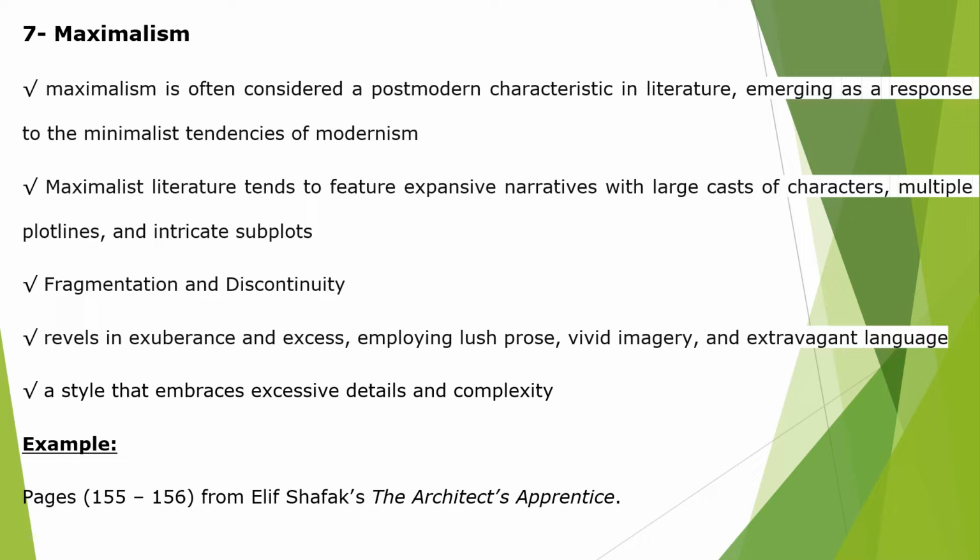It includes fragmentation and discontinuity, and revels in exuberance and excess, employing lush prose, vivid imagery, and extravagant language. It is a style that embraces excessive details and complexity. For example, read pages 155-156 from Elif Shafak's The Architect's Apprentice to see the details and maximize description.